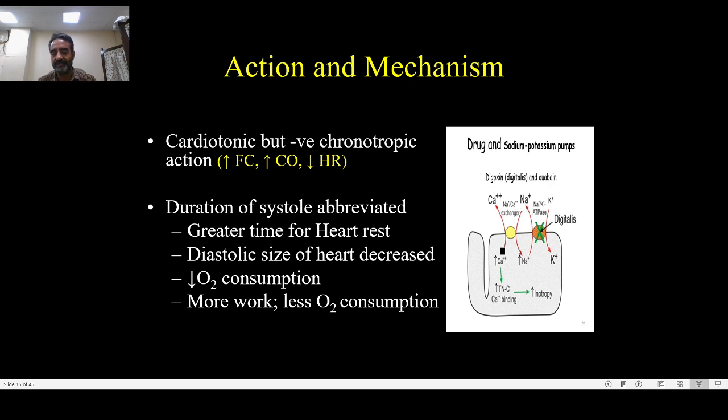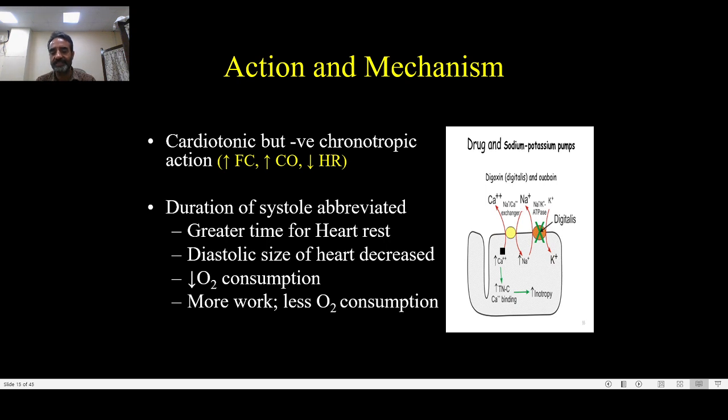Now let's understand that again. When sodium potassium ATPase is working normally, calcium is extruded out from the cell in exchange with sodium. So more calcium is going outside the myocyte normally. But when digitalis inhibits sodium potassium ATPase, then calcium tends to be retained inside the myocyte more, as shown in this picture.